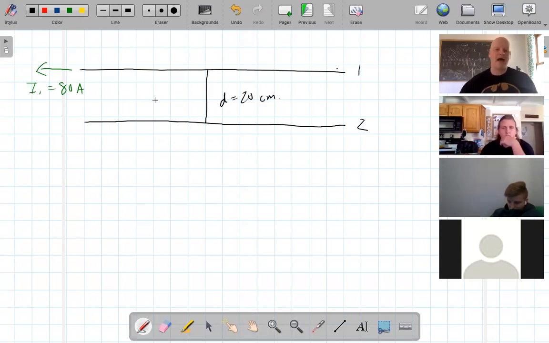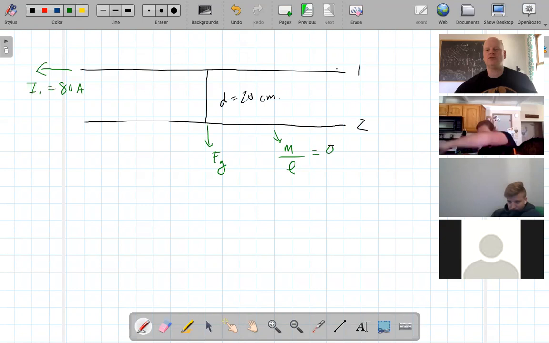Now this is happening in a vertical sense, which means that this one has a gravitational force pulling down on it. And we're told that the mass per unit length of this wire, m over L, is equal to 0.12 grams per meter. So this is the mass per unit length of this wire.